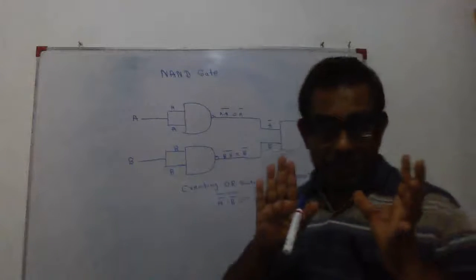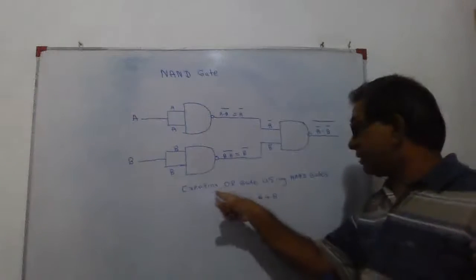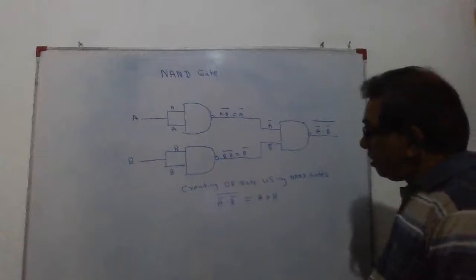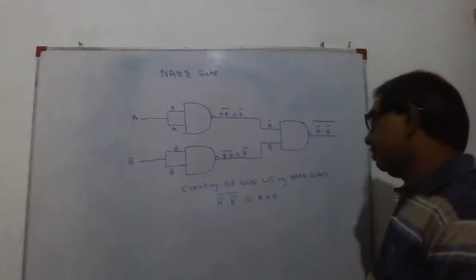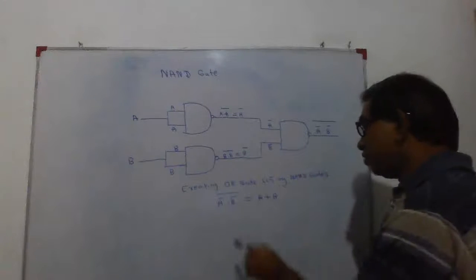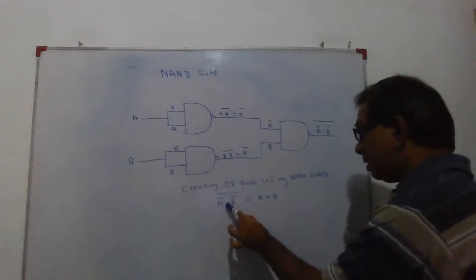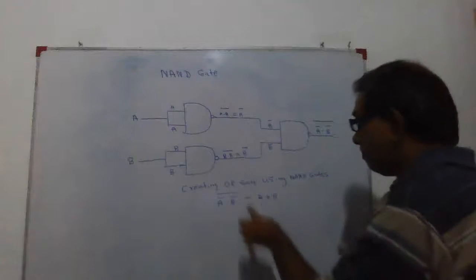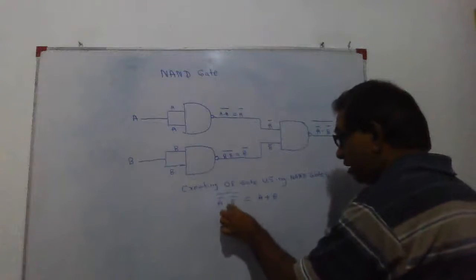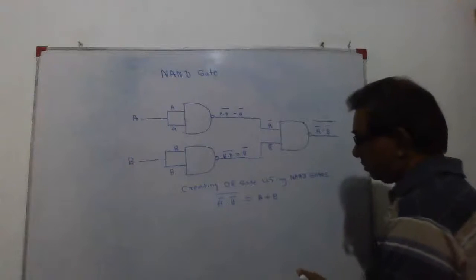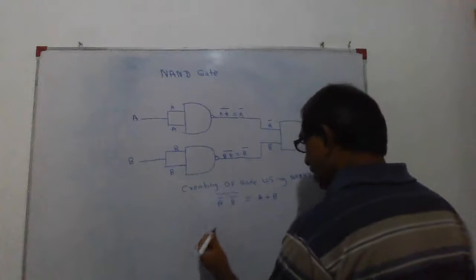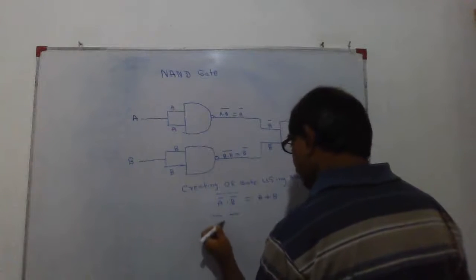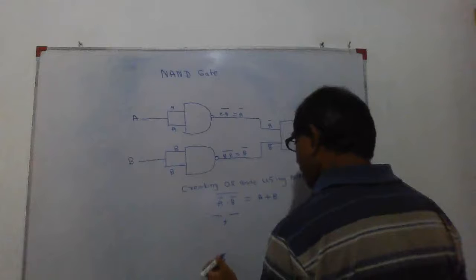If there is a full dash in a Boolean expression, you can divide the entire expression into two parts at the operator. So the rule is break the bar and change the operator. So we break the bar, so then there are two bars. Change the symbol, it should be OR.